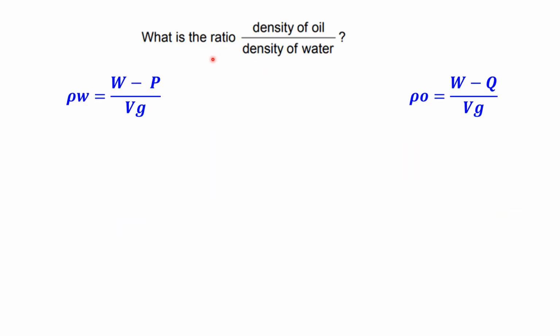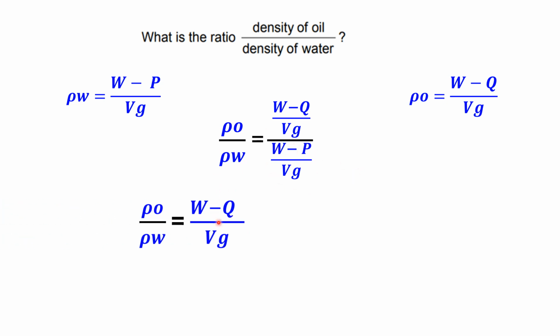So again, the question is asking the ratio between both densities, and we have both expressions. So now the density of the oil over water is, the oil is this one, right? And the water is this. So what we are going to do here is we have a fraction over a fraction.